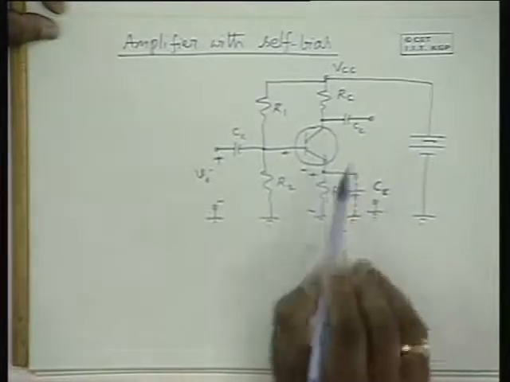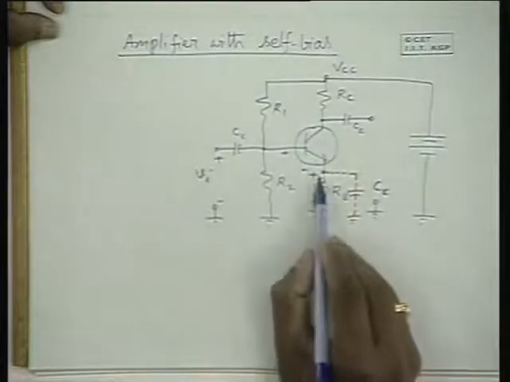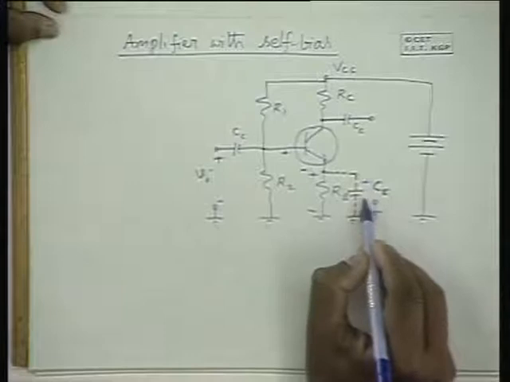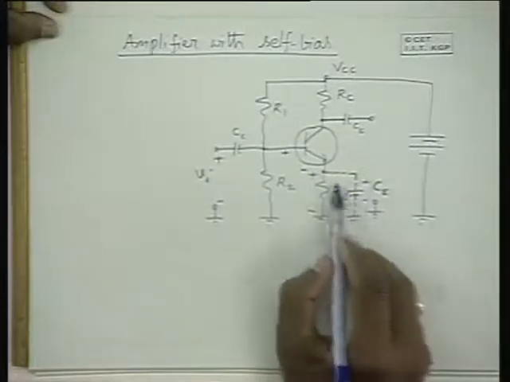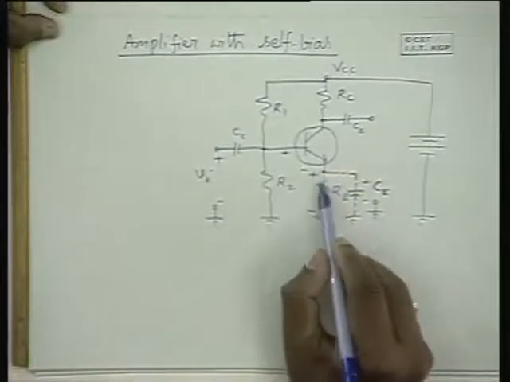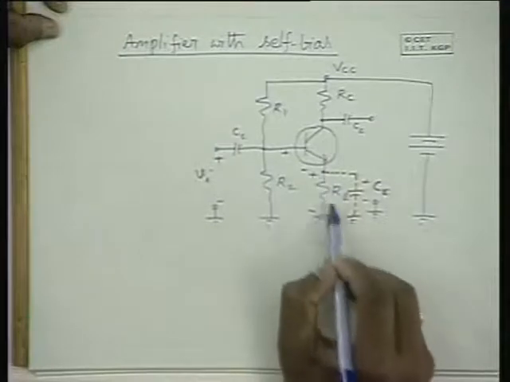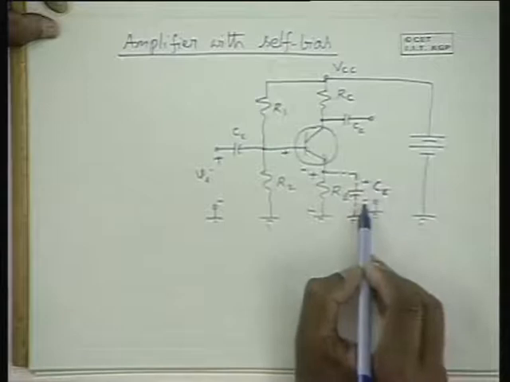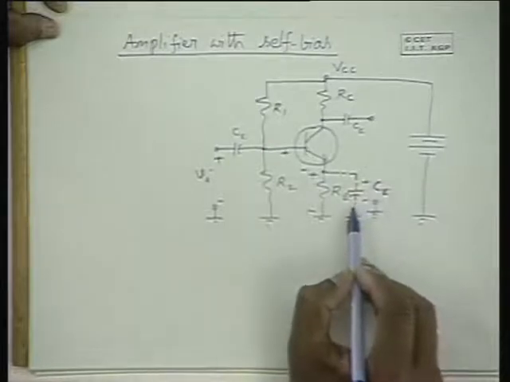So at the beginning of the power on, there would be some transient, and the capacitor gets charged to a DC voltage that is equivalent to the drop across RE into IE, and its voltage is maintained at a constant level.